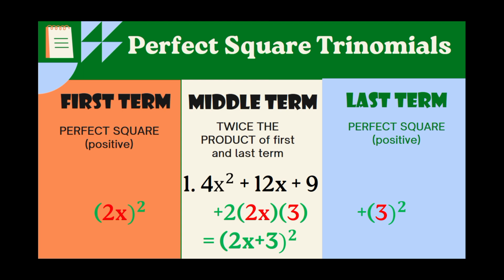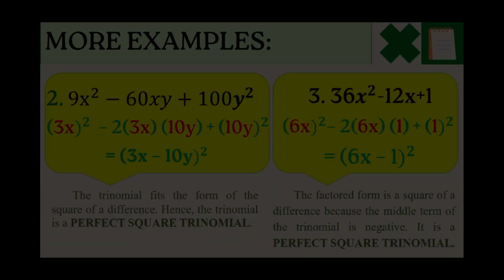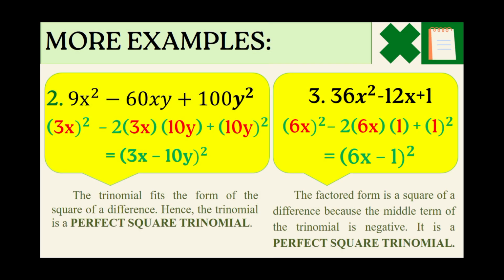Lastly, the middle term should be twice the product of the first and last terms. So we multiply the first term, 2x, times the last term, 3, so we have 6x, and add it again by itself, which is 6x, and the middle term of this expression is positive 12x.